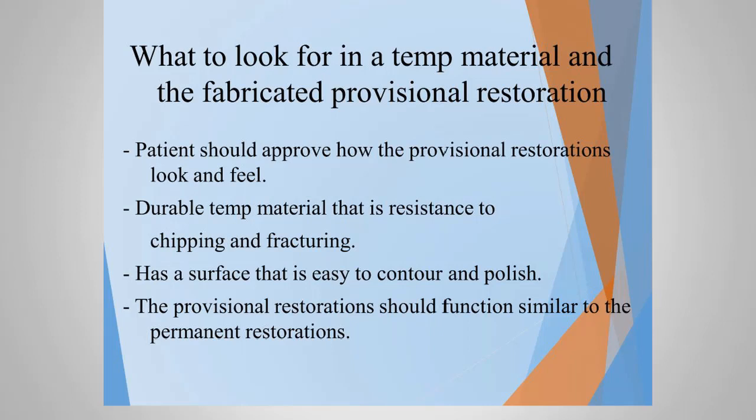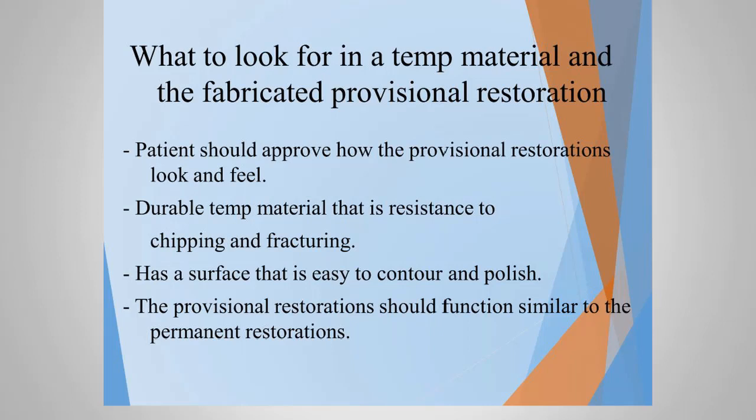The other characteristics of the temporary material that I'm using: I want the surface to be hard. I want it to be easily contoured and easily polished, and I find that the harder the surface is, the better you can contour and polish these surfaces to make them nice and smooth and shiny, to allow the patients to function in a way similar to natural teeth.